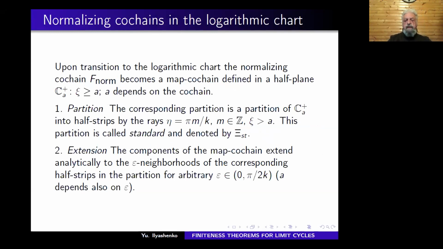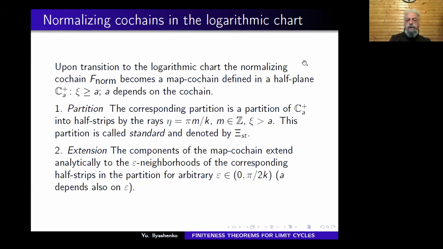Now, the most interesting and important actor of this piece is the normalizing cochain. I recall to you that in the expression for the map 2, normalizing cochains occur.